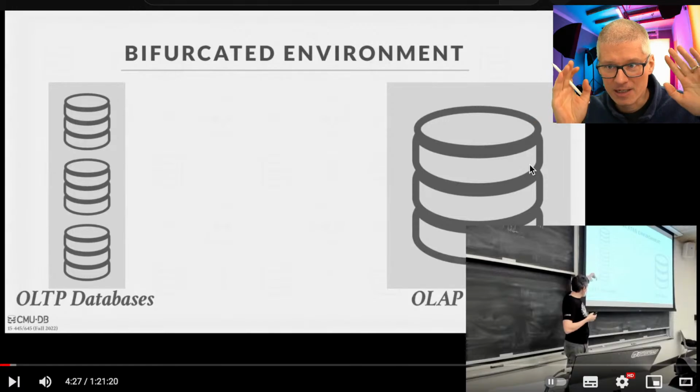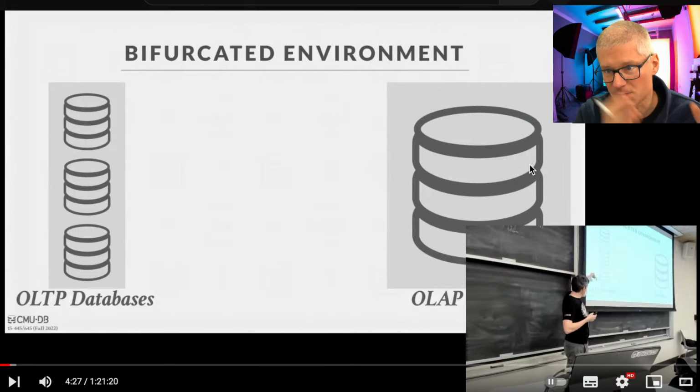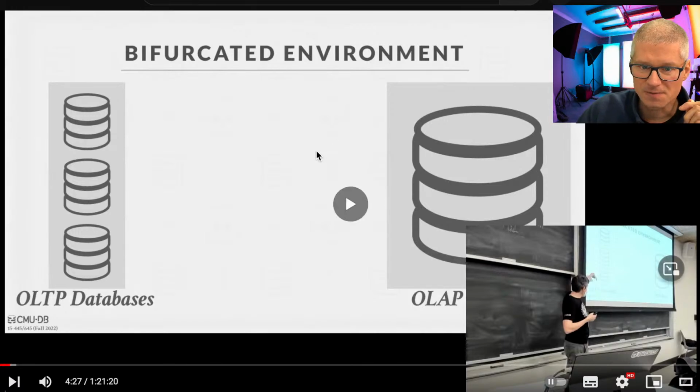And that's a very classical distinction to say there's OLTP databases and OLAP databases, because they also require very different query optimization techniques. So in OLAP systems, you have to do way more sophisticated query optimization than you have to do in OLTP typically. OLTP is relatively simple to optimize.